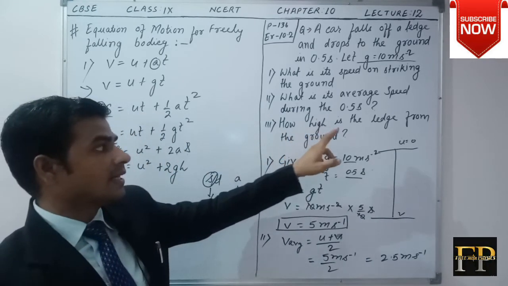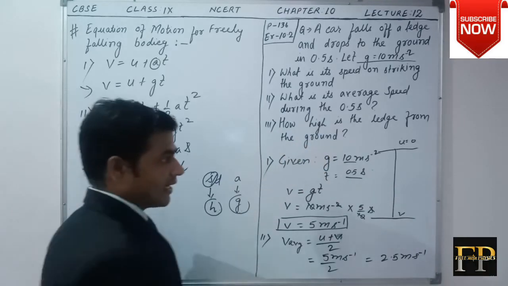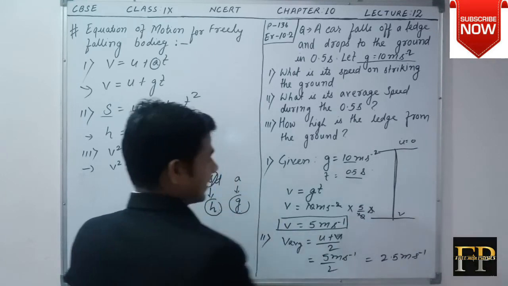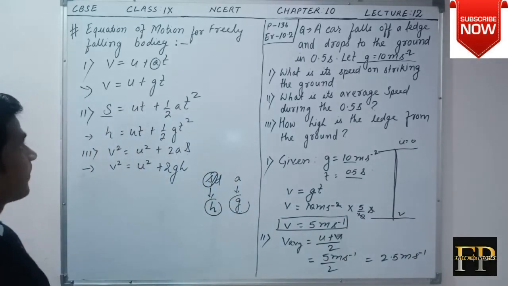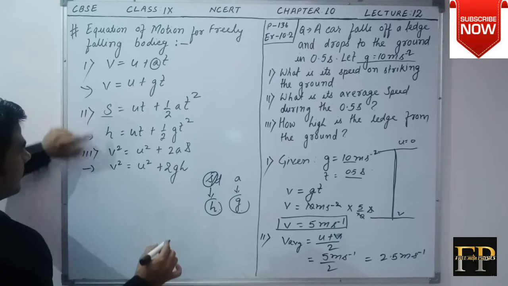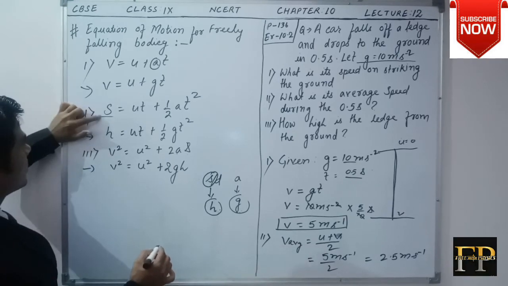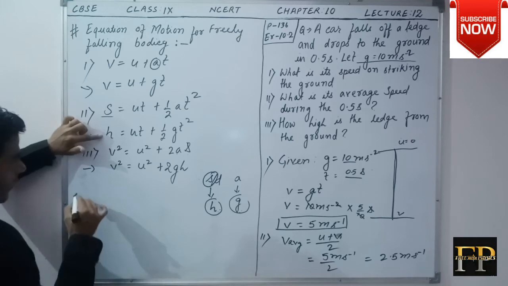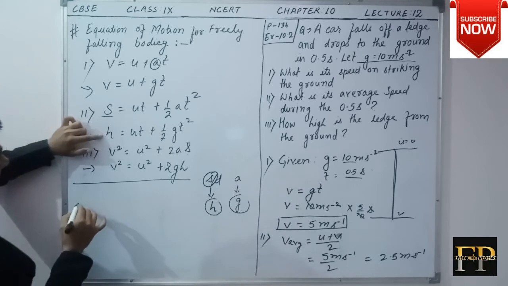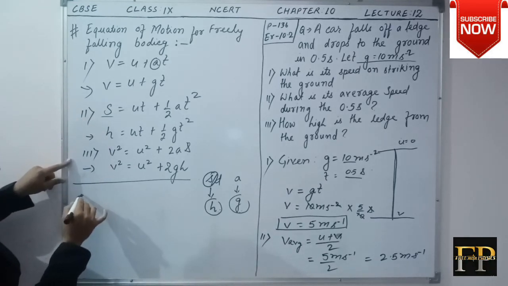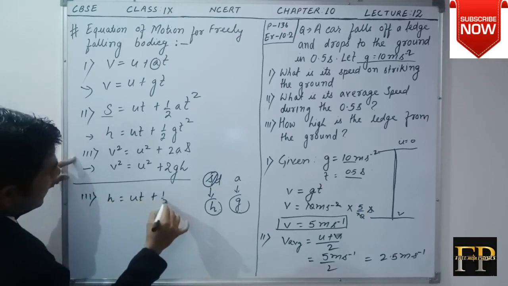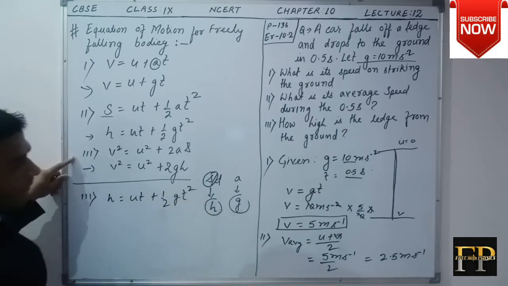Now we will deal with the third question. How high is the ledge from the ground? We have to find the height of the ledge. Students, we will use the second equation to solve question number 3, and the second equation is h = ut + half gt squared.